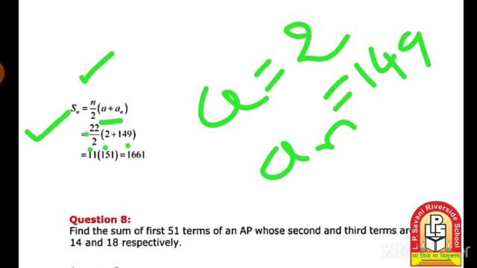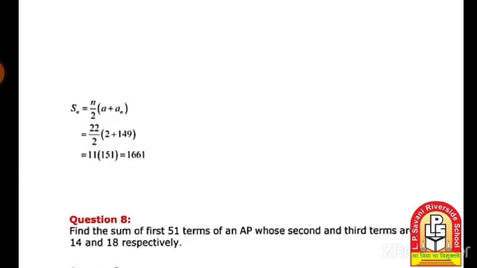So 2 plus 149 is 151, and 22 upon 2 is 11. So 11 multiplied by 151 gives 1661. In this way we can find Sn is equal to n by 2 in the bracket a plus an. So our final answer is 1661.